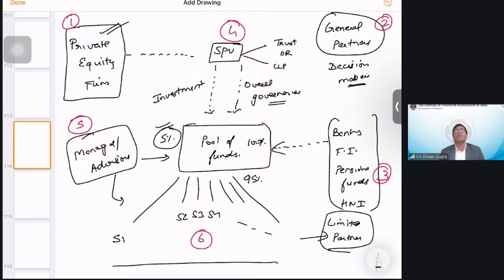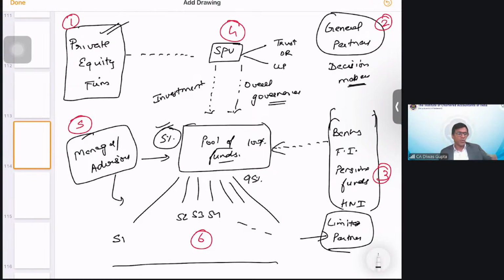If they're going to take decisions on our behalf, let's say tomorrow these pool of funds get invested into a company which is not giving a good return, right? Then these limited partners will not be able to reap the benefits on the investment as they expect, right?